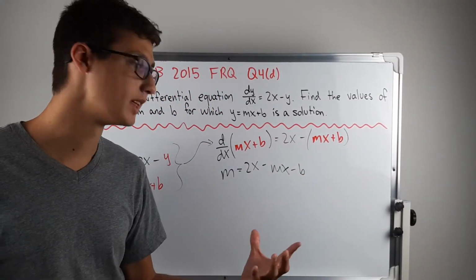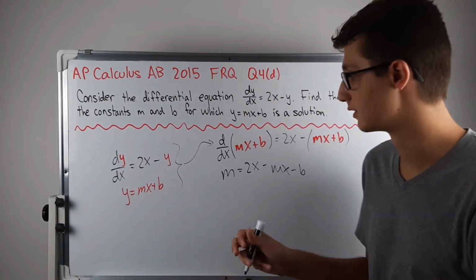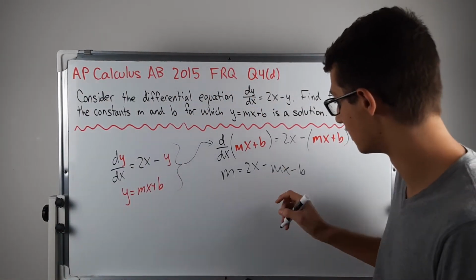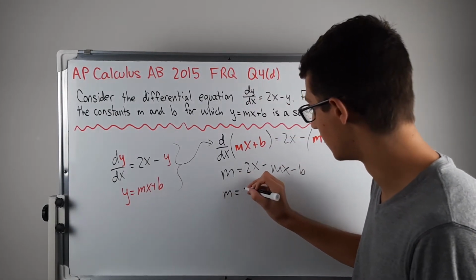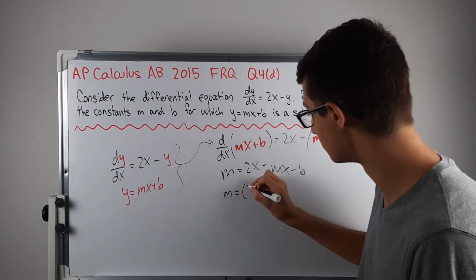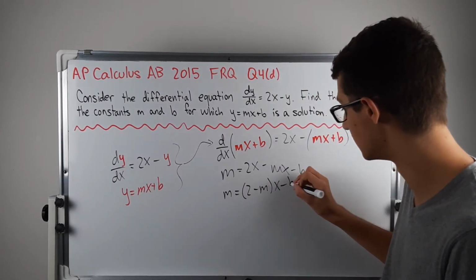Okay, so then we can factor out the x. That's kind of a standard step in solving things. So we have m equals 2 minus m, times x, and then minus b.